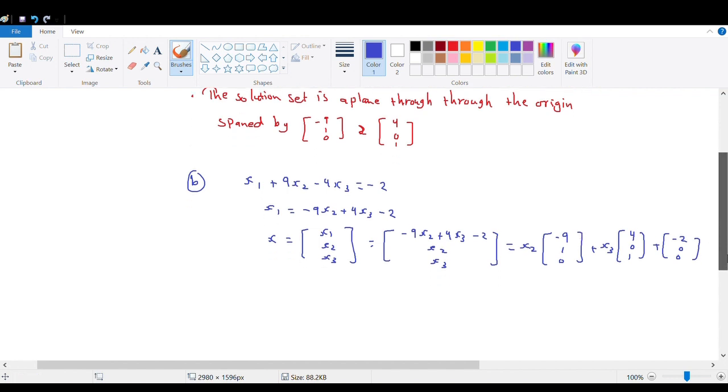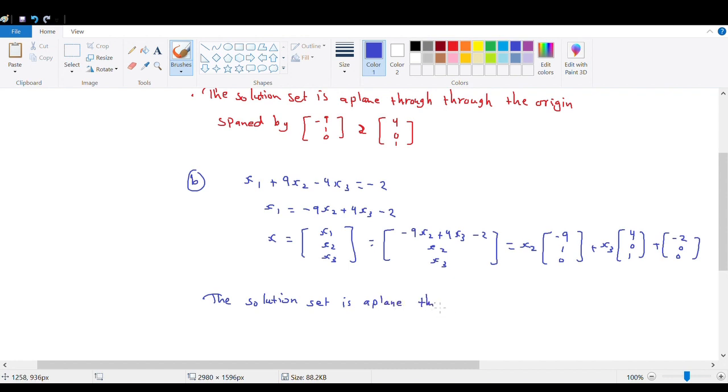So here the solution set is a plane through the vector (-2, 0, 0) parallel to the solution set of Ax = 0, which is this one.